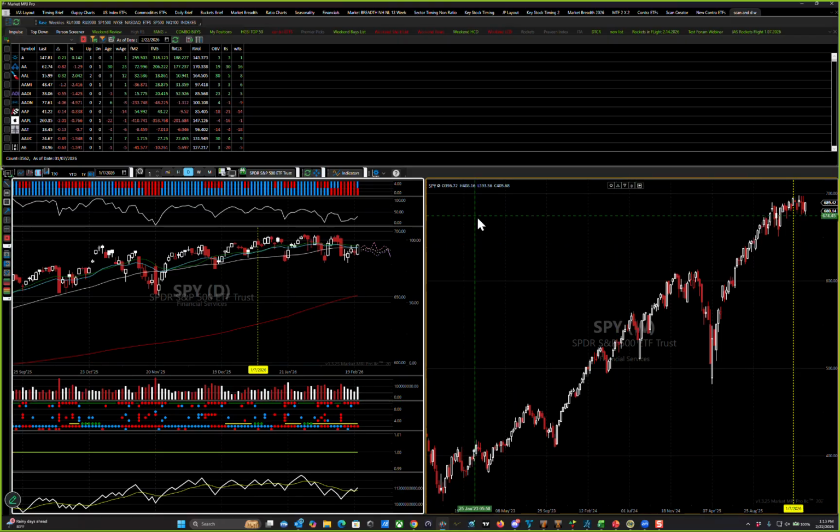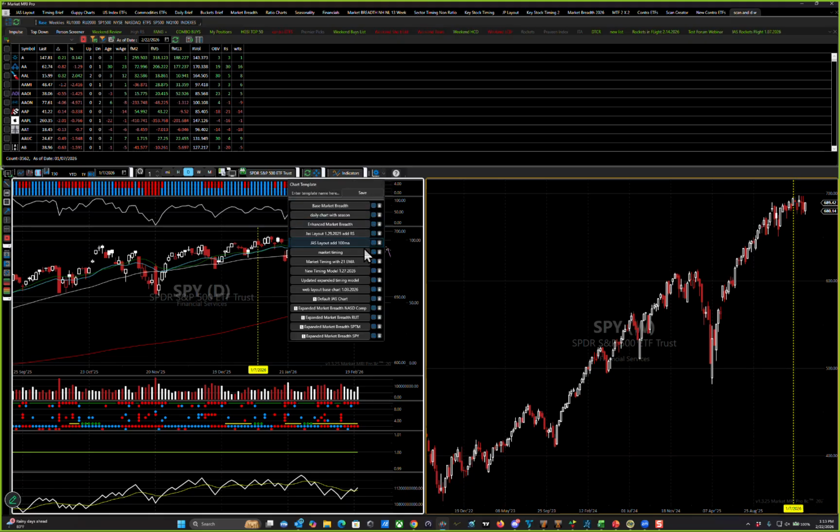And on the weekly chart, I could do something differently if I wanted to. Maybe on the weekly chart, I want to do a combination with seasonality, or I want to do the timing model. Oh, market timing with 21.